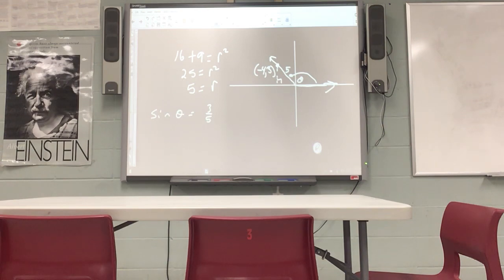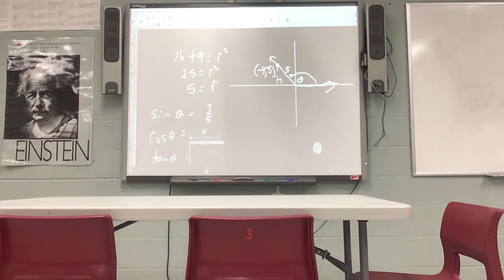See where we're getting that? The cosine of angle theta, you wrote down, was your x over your r. And then the tangent of your angle theta was your y over your x.